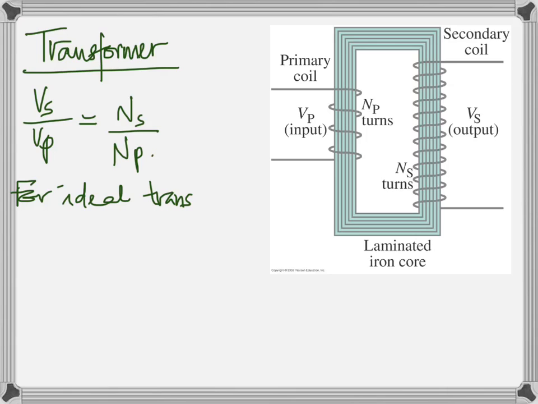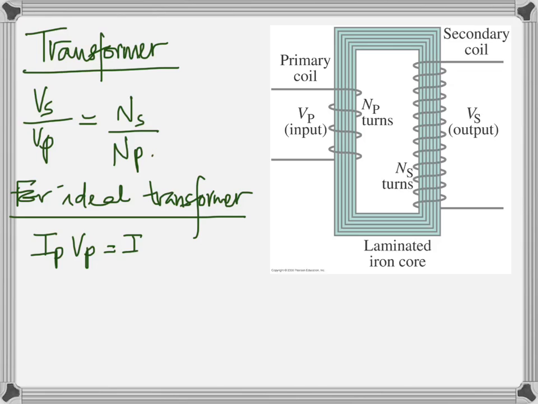Okay. So for an ideal transformer, Ip times Vp is equal to Is times Vs. That means it's 100% efficient. That's what it means. IpVp is equal to IsVs.